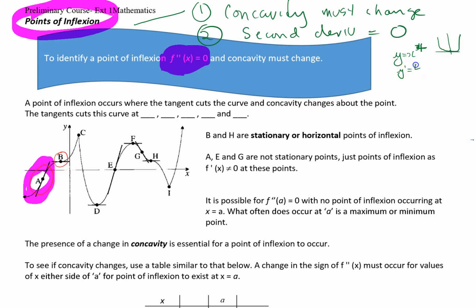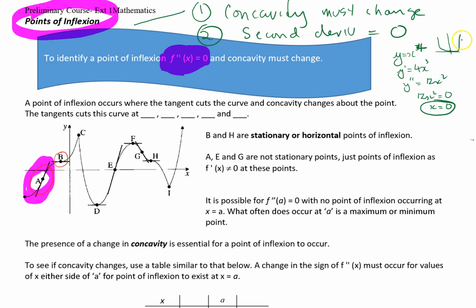First derivative is 4x cubed. Second derivative is 12x squared. If I solve second derivative equal to naught, I get that x is naught. Now, at x equal to naught, we have second derivative equal to naught, but we don't have a point of inflection.